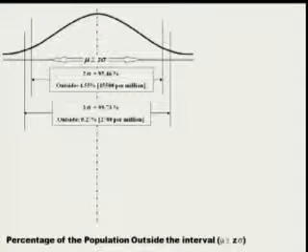Now, if we go to 3 sigma, we told you that the empirical rule tells us that at plus or minus 3 sigma, we have 99.73%. Even that, which covers almost the entire curve, will be associated with 99.73% within and 0.27% out.